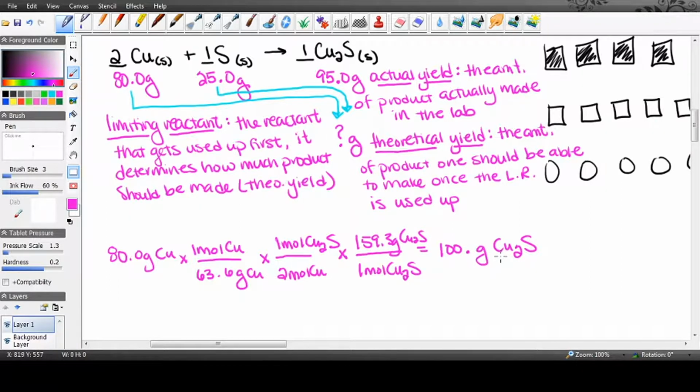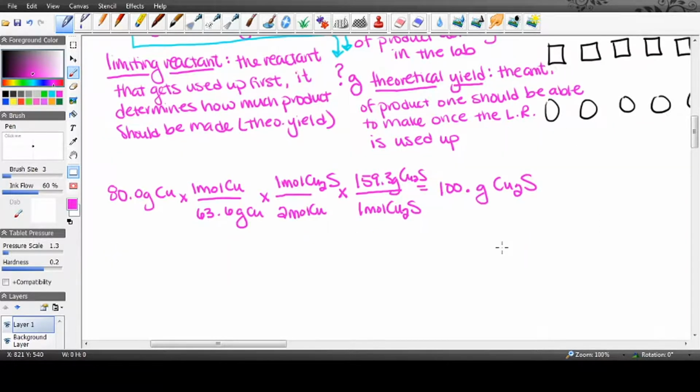We have to do another set of dimensional analysis to figure out how much product the sulfur would be able to make if we had unlimited amounts of copper. So this time, let's start with our 25 grams of sulfur. 1 mole of sulfur has a molar mass of 32.1 grams.